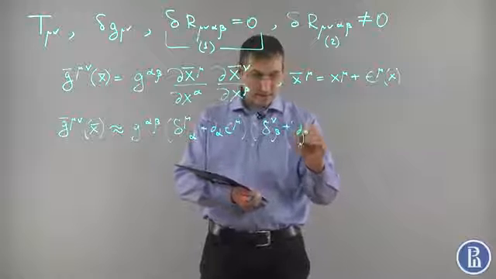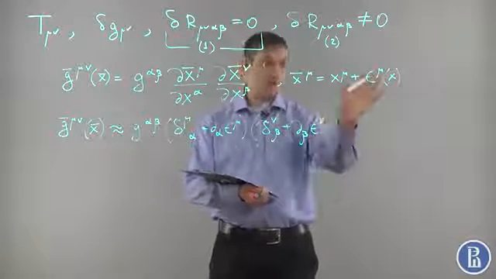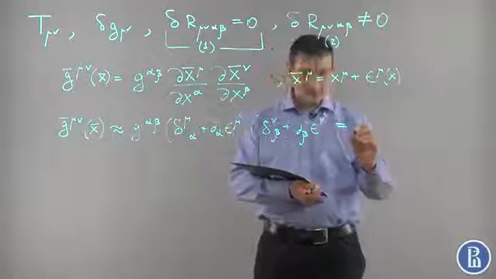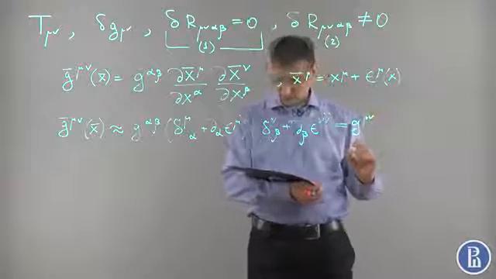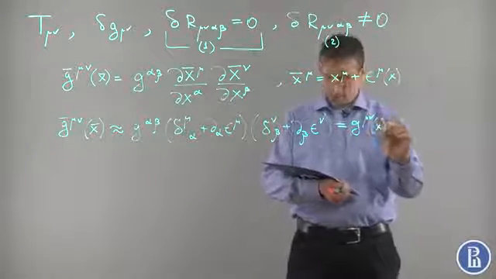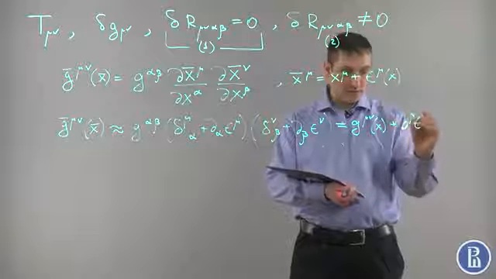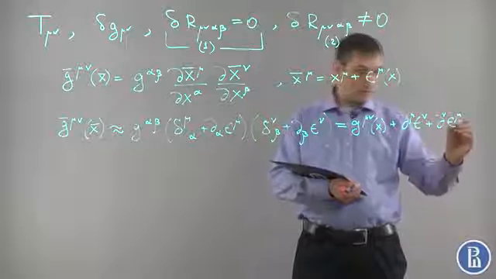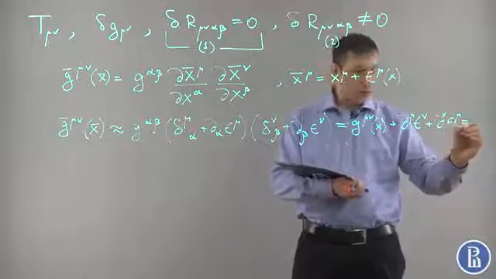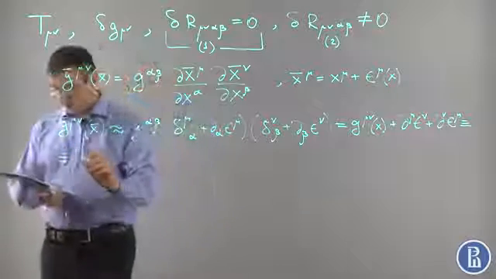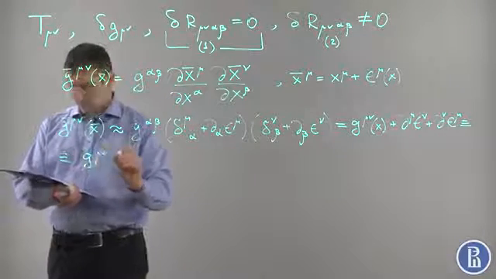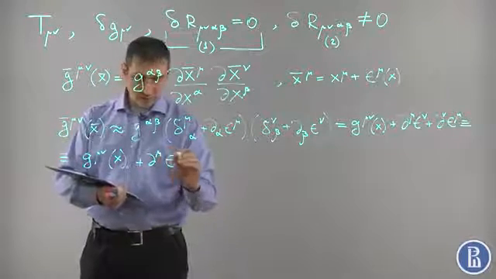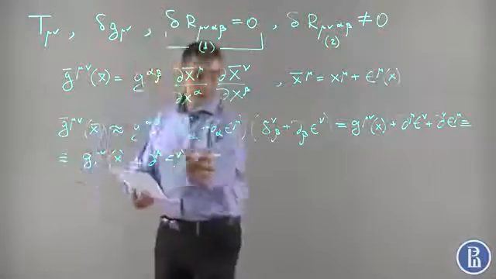That just follows from plugging this in here. So this is already g mu nu of x plus d mu epsilon nu plus d nu epsilon mu. And this we denote as g mu nu of x plus d mu epsilon nu symmetrized. So this is a symmetrization of indices.